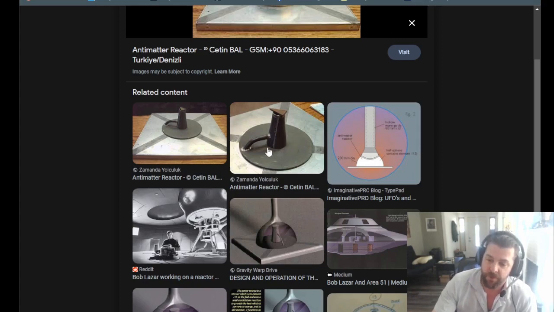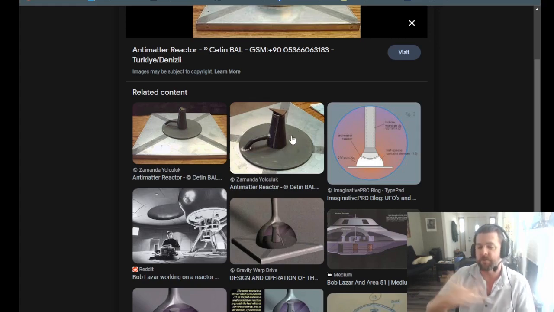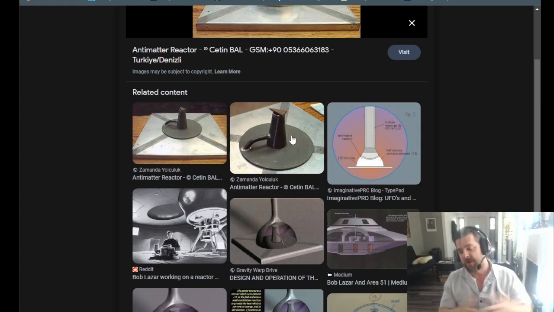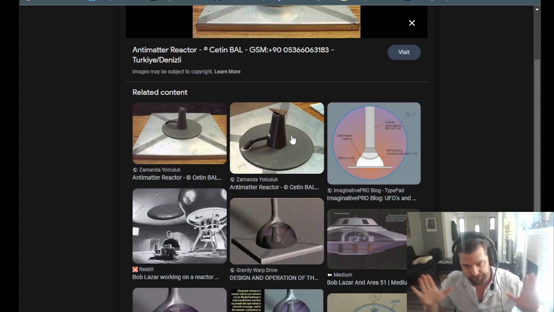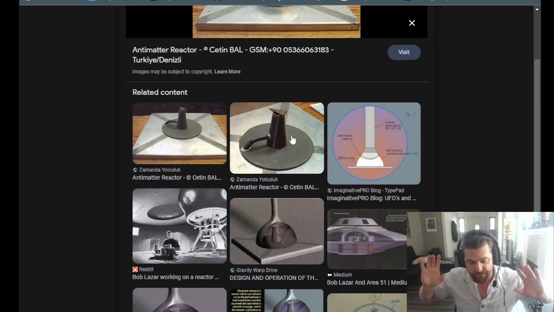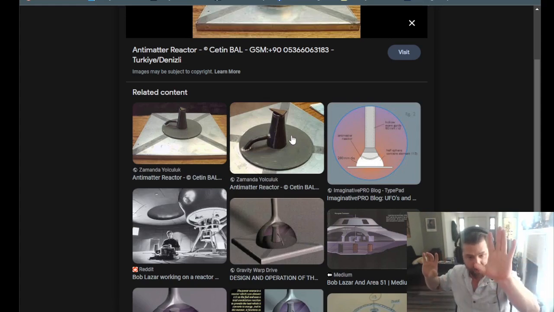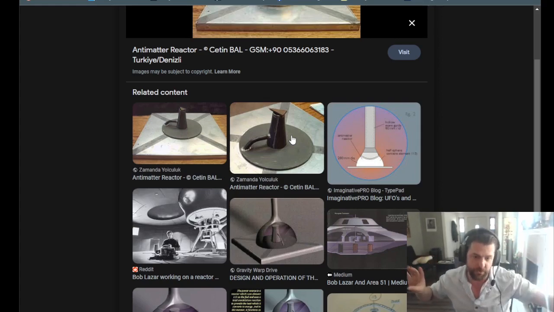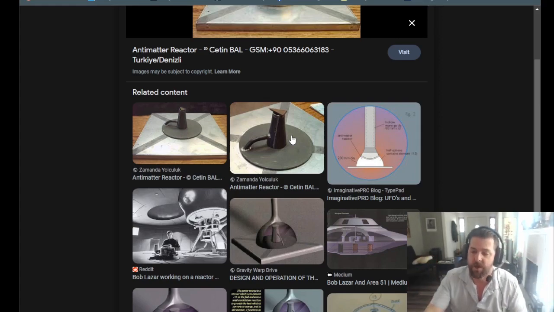So there's obviously some protons that are being swirled around, and they're creating a gravnetic field. And then from this gravnetic field, they are using a waveguide to siphon and redirect that gravnetic field to other parts of the craft where they can do various things with this.